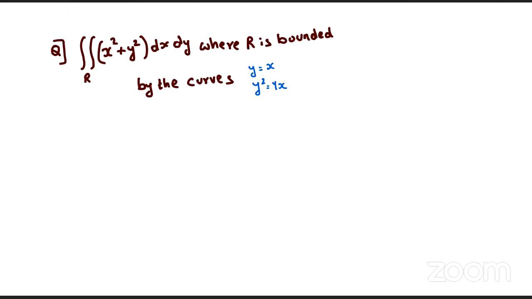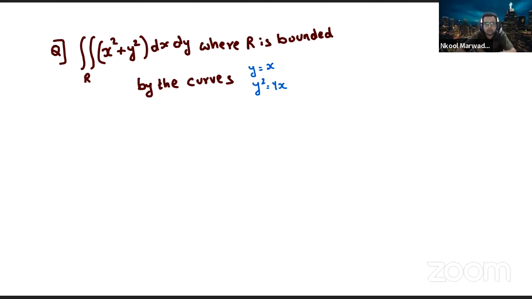We will do it step by step. In such questions, wherein we have to find the double integral over a region, and that region is bounded by some functions or some curves, we will look at how to solve such problems step by step.